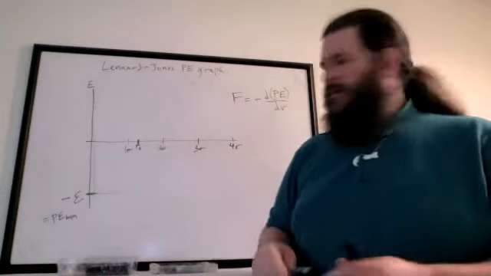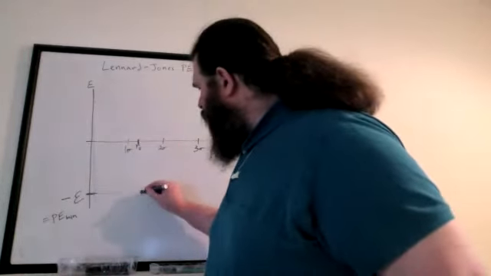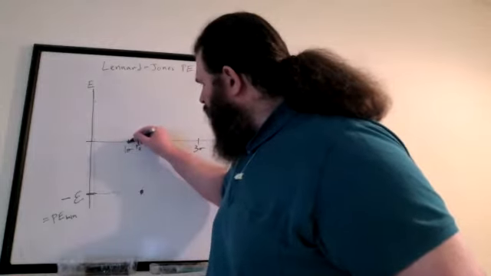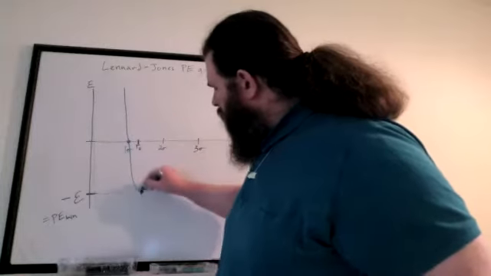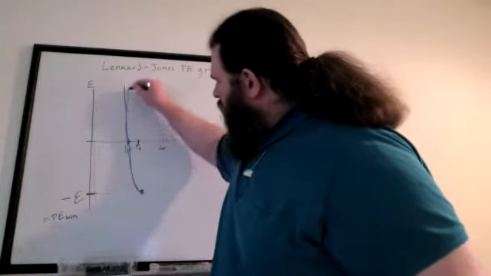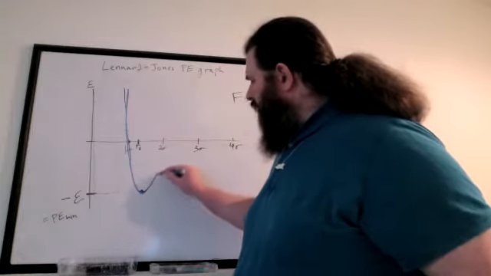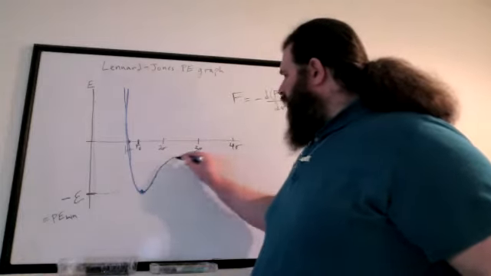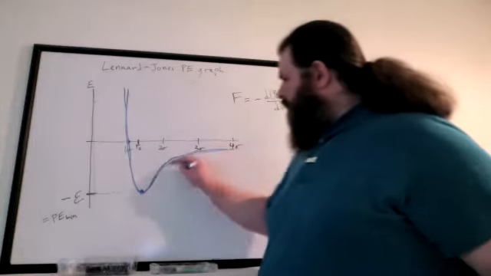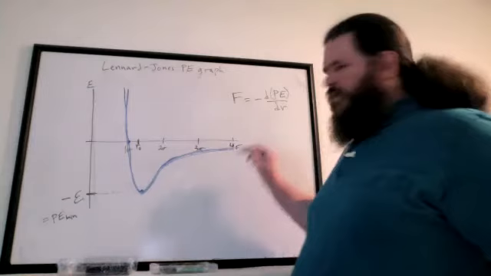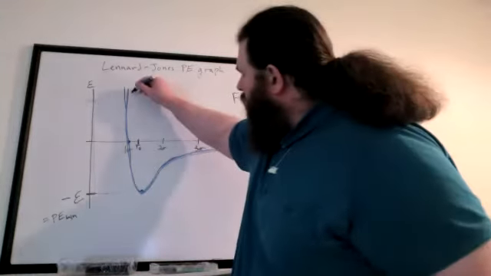So we know we hit a minimum at this point. We know it's going to go through the axis here. So something like this, and then up and approaching an asymptote. So we should expect the graph to look something like this. That's our graph of potential energy.